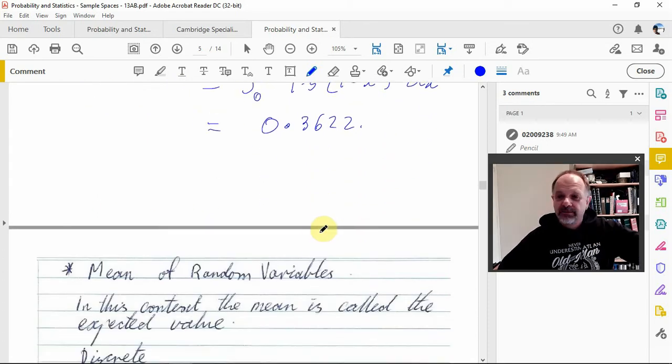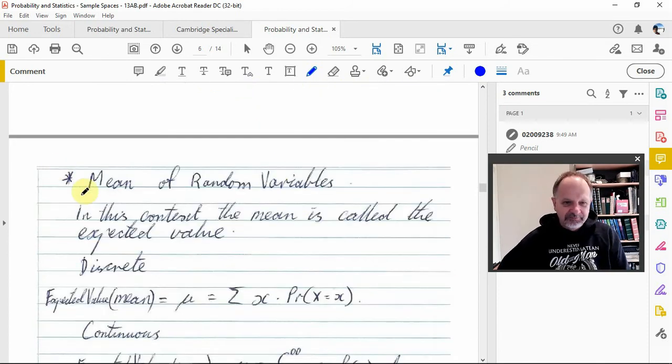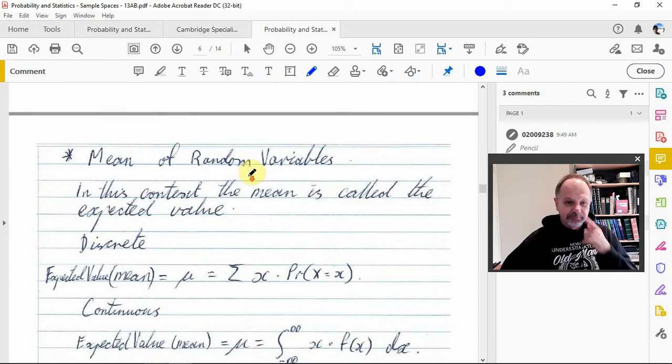Okay, so the next I've mentioned before about means and stuff, so here we go with that. The mean of random variables. In this context, as we've mentioned in methods, the mean is called the expected value. So what value would you expect over a long period of time? There's two ways you can do it.